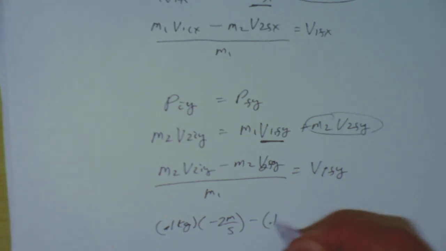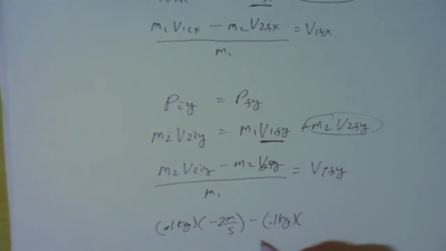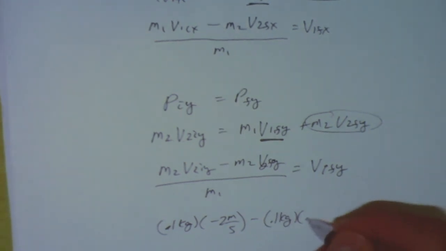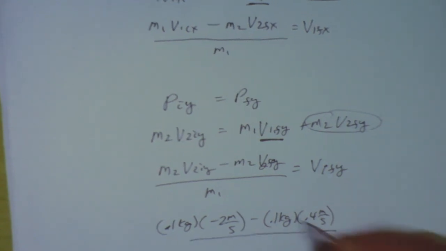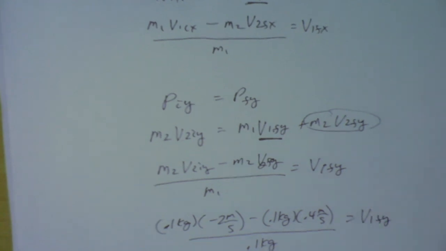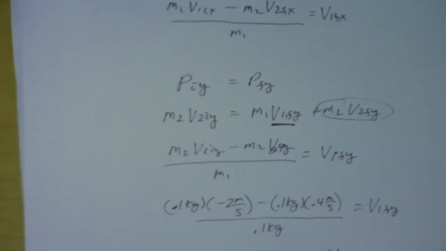They have the same amount of mass. v2 final y, so that is actually 0.4. And then divided by mass 1. So that'll give me v1 final y. I think that's maybe minus 6. It's nice that the masses are the same because then it all cancels out, right?